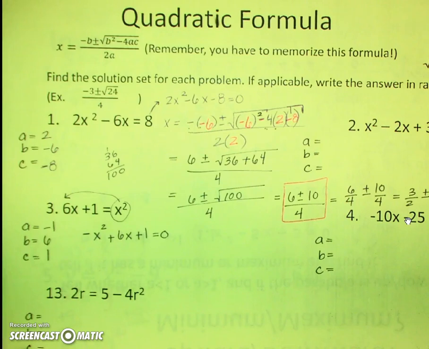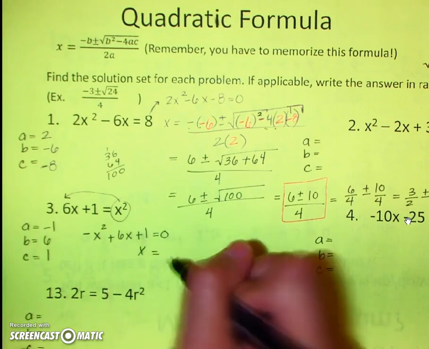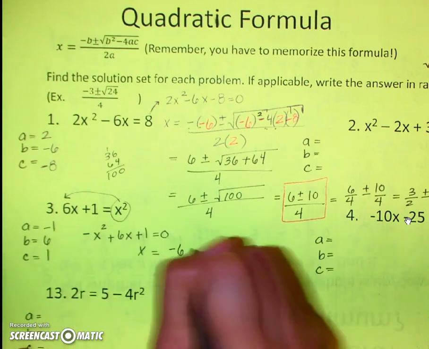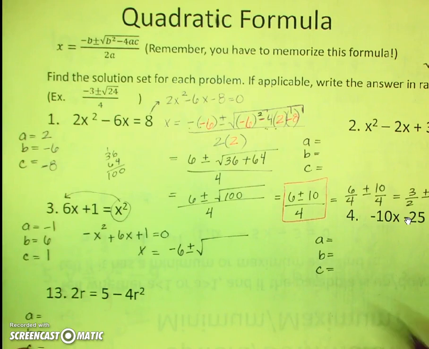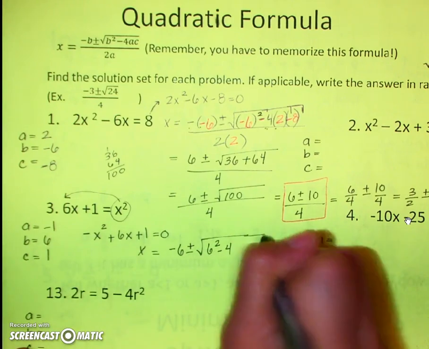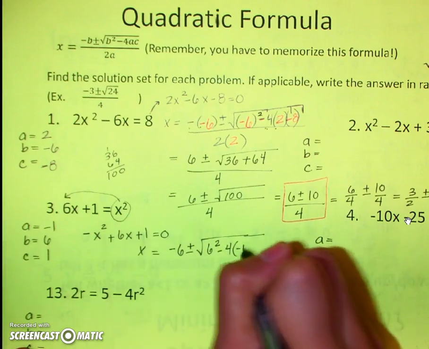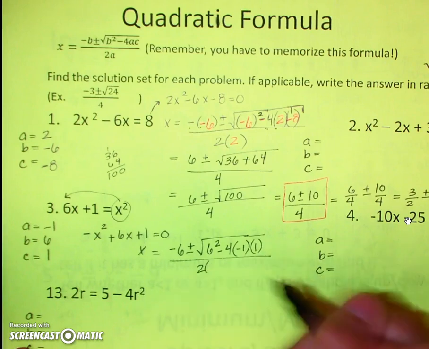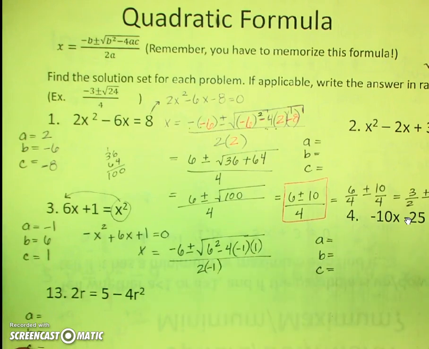We're going to plug these numbers into my quadratic formula. So what's the opposite of b? Negative 6 plus or minus the square root of b squared minus 4 times a times c, all over 2 times a.